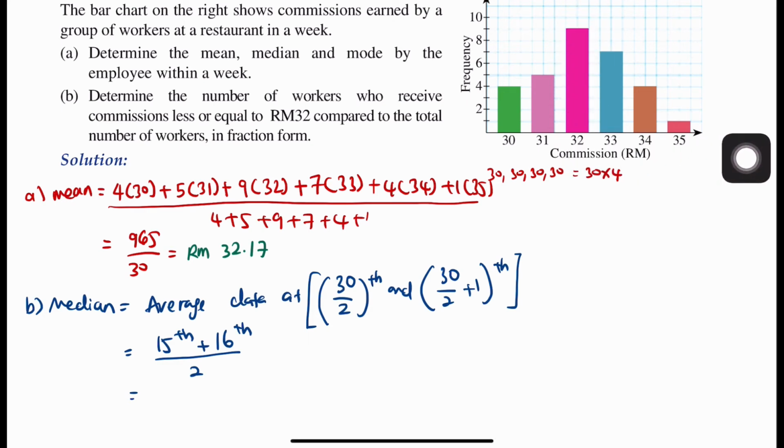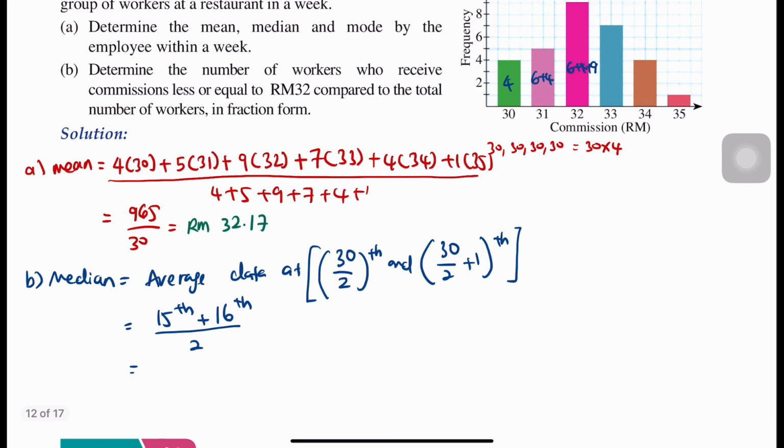Betul kan? Ini 6 tambah 4. Ini 6 tambah 4 tambah 9. So maksud dia ada di dalam tu. So data ke-15 palang ke-32, data ke-16 pun palang ke-32. 32 plus 32, divide by 2 and we will get RM32.